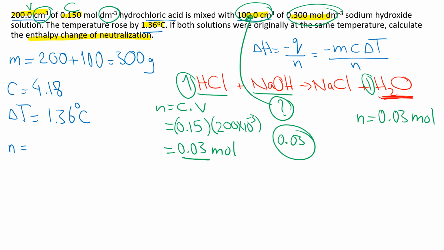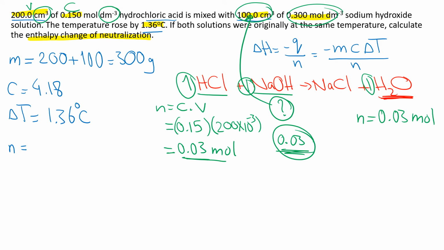So both of them are equal to each other, and the mole ratio is 1 to 1, so it is okay. But whenever you have an acid and base reaction, it's always recommended to find the number of moles of acid and the number of moles of base. Maybe you have a limiting reactant, so take care about that.